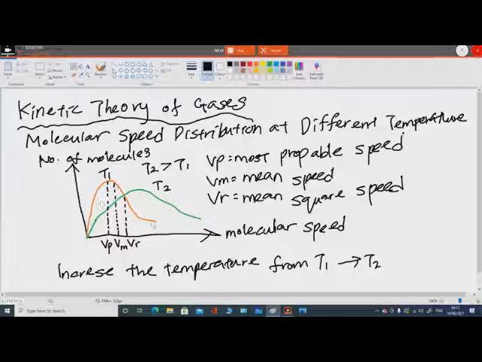This curve is called the Maxwell distribution.